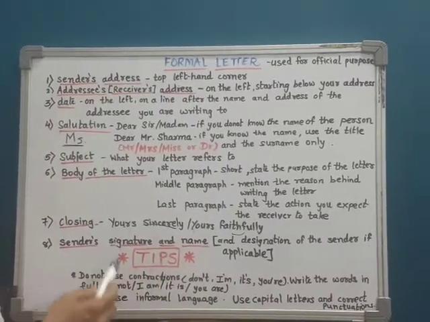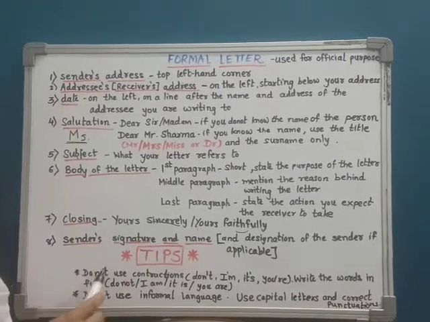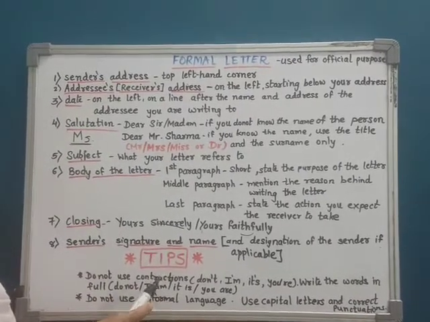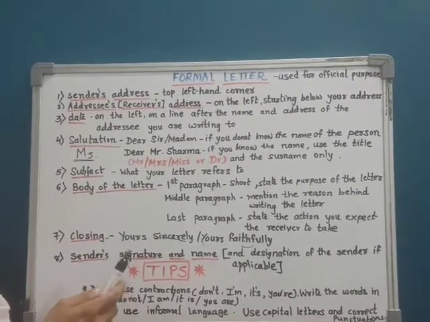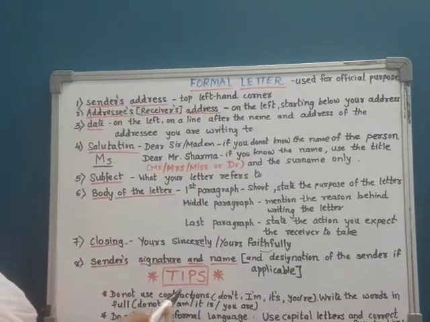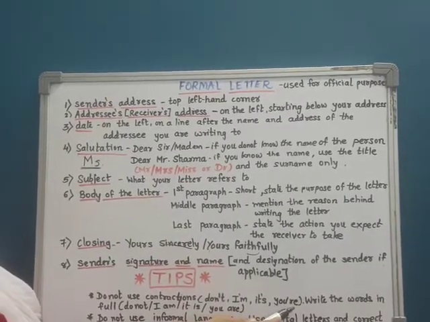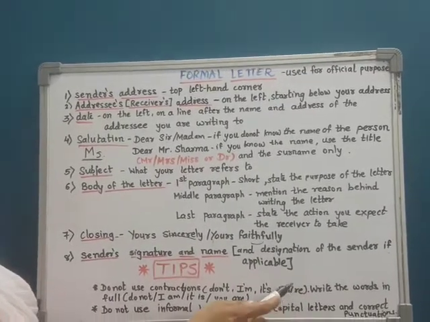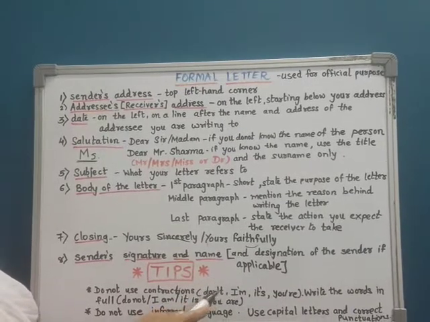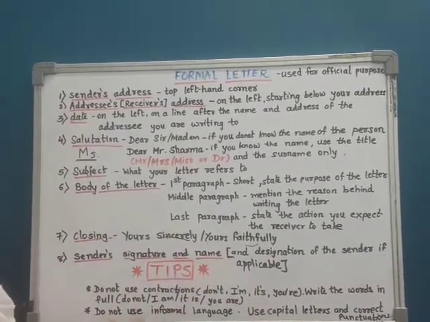Okay, now I will give you some tips for writing a formal letter. Do not use contractions. What are contractions? Sometimes in an informal letter we use contractions like don't, it's, you're. Here we have used apostrophes. These are used in informal letters.